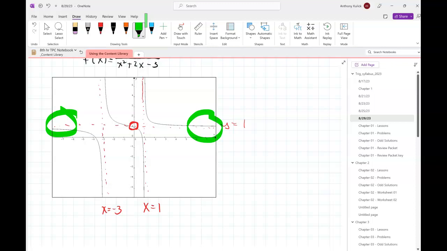I only care about what's happening at the ends for a horizontal. Why don't I ever have to worry about this for a vertical? What would happen if the graph crossed in the middle of a vertical asymptote? It couldn't be a function anymore, right? So, not a big deal. All right.